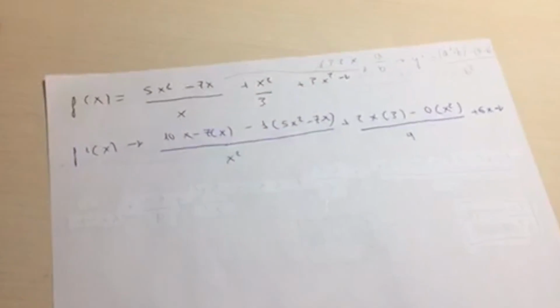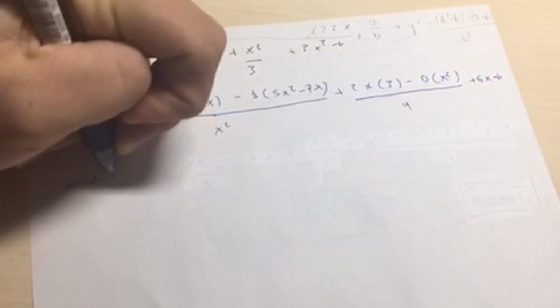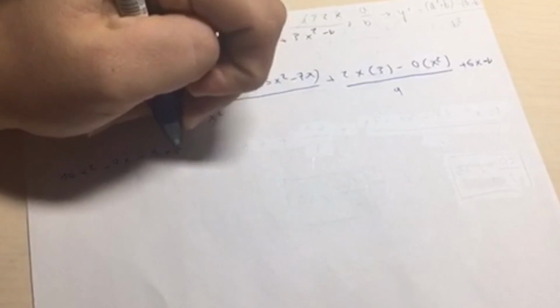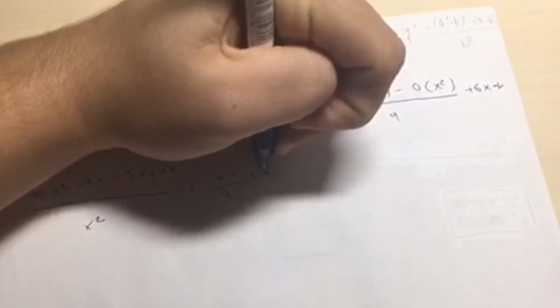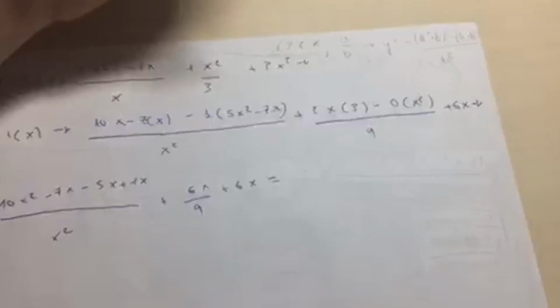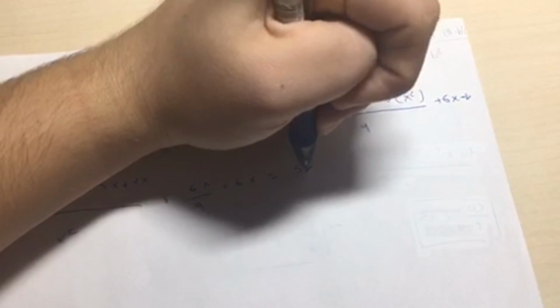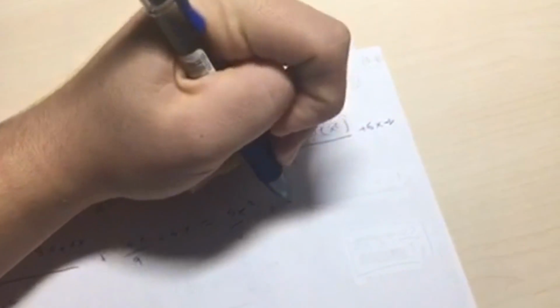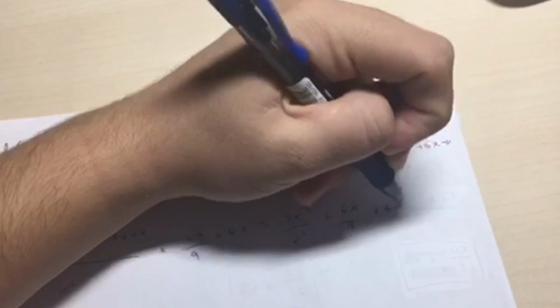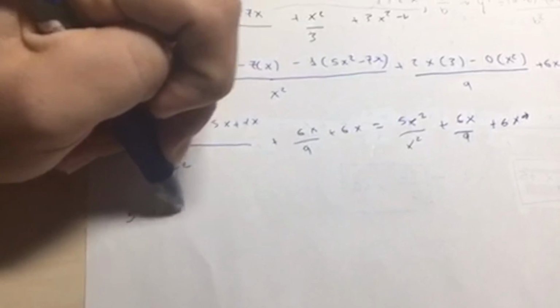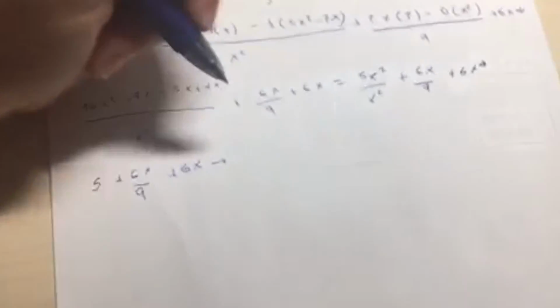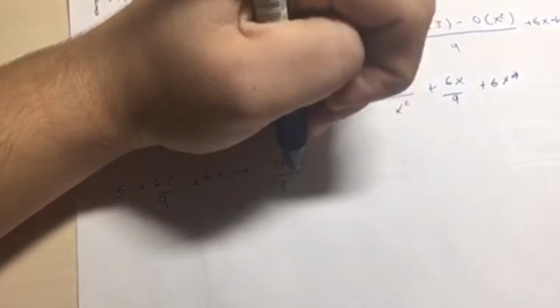So now we start simplifying everything, and we will have 10x squared minus 7x minus 5x plus 7x over x squared plus 6x over 9 plus 6x, equal to 5x squared over x squared plus 6x over 9 plus 6x, which is 5 plus 6x over 9 plus 6x, and the final result will be 20 out of 3x plus 5.